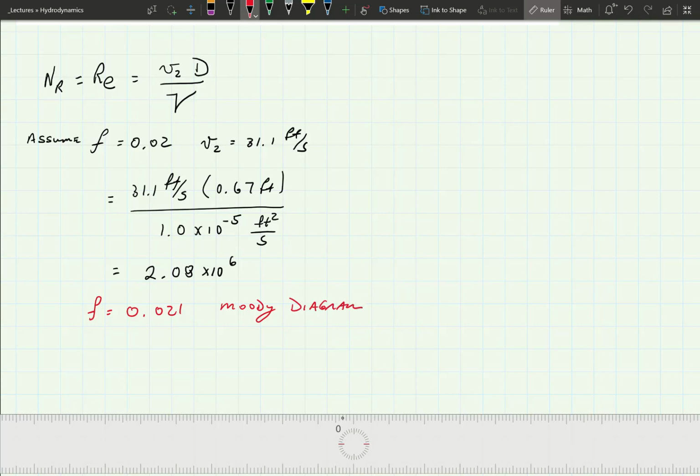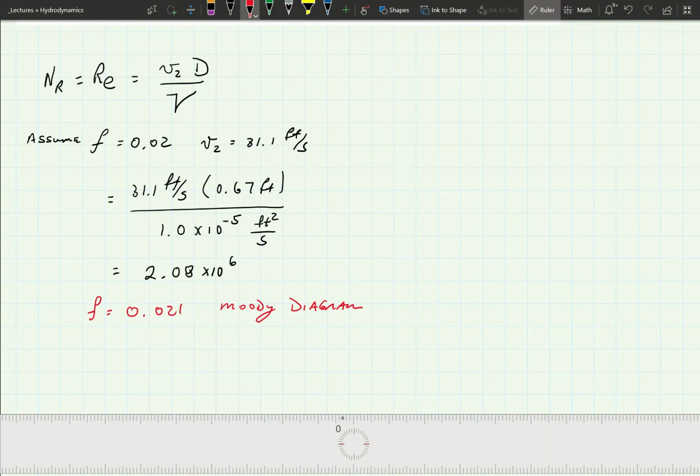Okay? Now, if you were good and you were on the nose, the answer should come out as 0.02, right? Because that's the assumption we made.